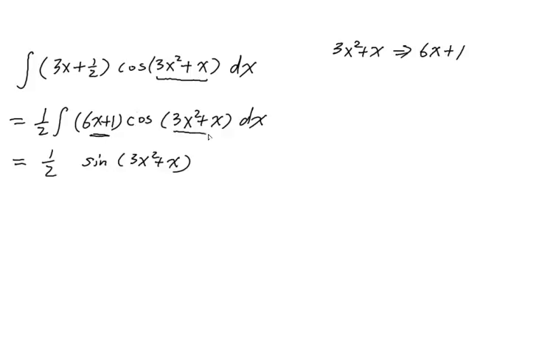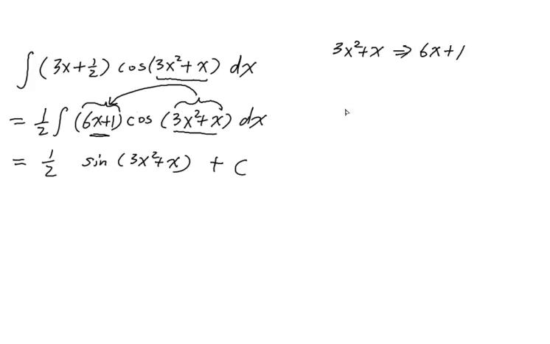That's the derivative of this that would get absorbed. There you go. What we did was we recognized that this is the derivative. If you take the derivative, you get this. So the chain rule will absorb it, and then we just perform the integral on the outer function, which is the cosine, and you get sine.